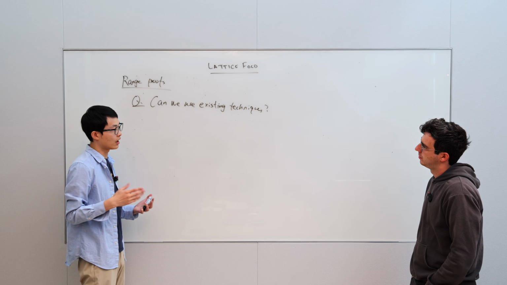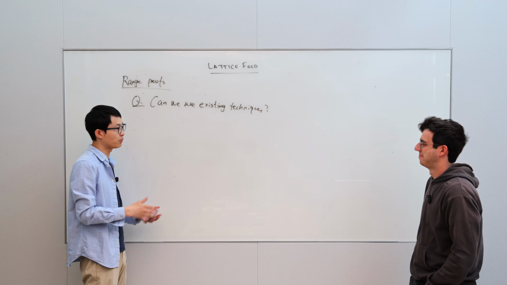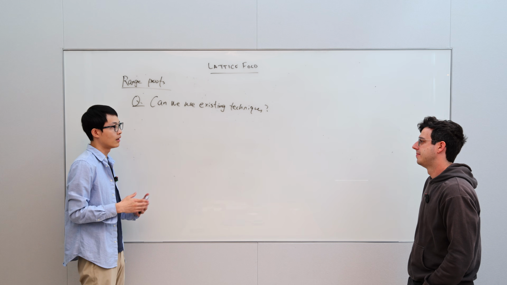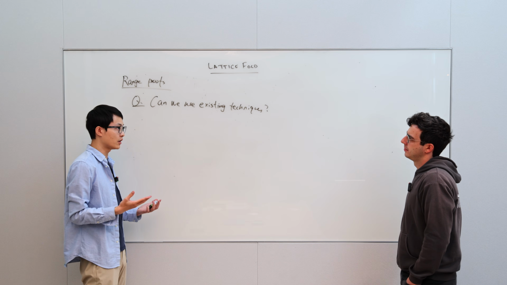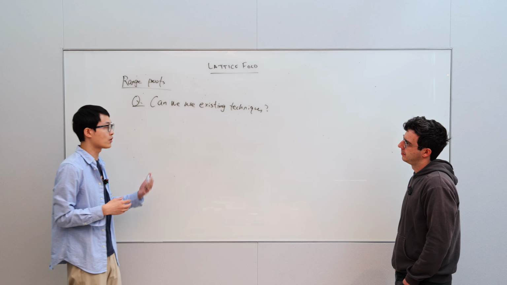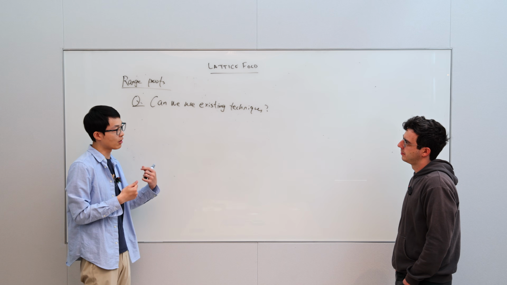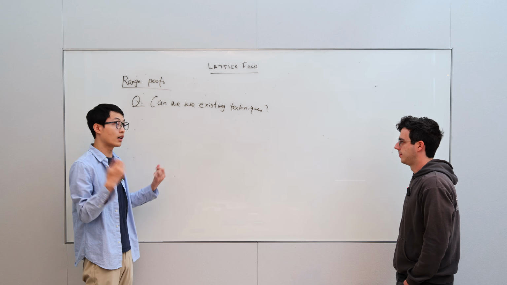And the second category are those more SNARK-based, like poly-IOP-based, like Plookup, CQ, and so on. And unfortunately, all these techniques are not that fit for the lattice setting. The reason is that those constructions need the prover to provide some auxiliary vectors, which are usually high norm.